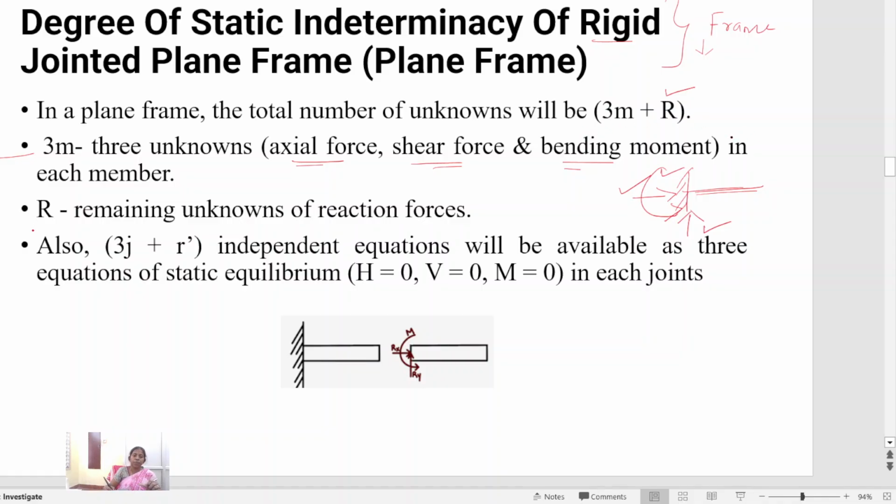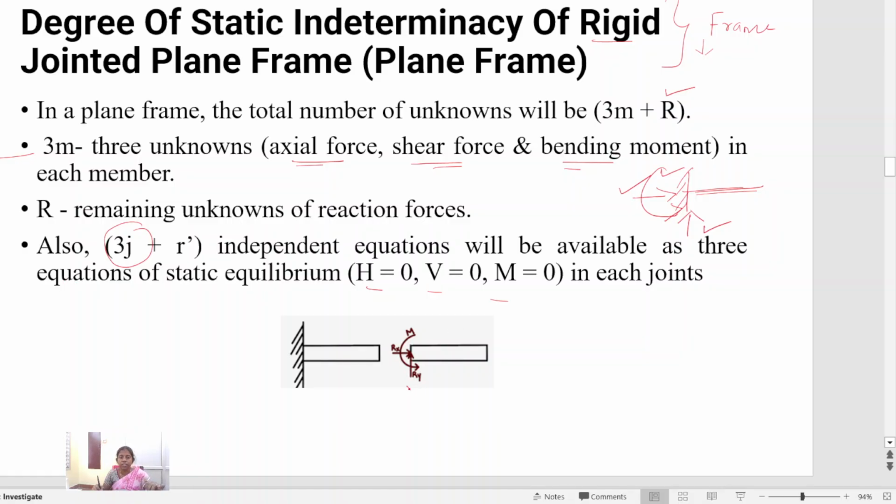So r is the remaining unknown reaction forces, and also 3j plus r dash is the number of independent equations, available as three equations of static equilibrium, that is summation of H equal to 0, V equal to 0, M equal to 0 at each joint. That is why it is 3j.